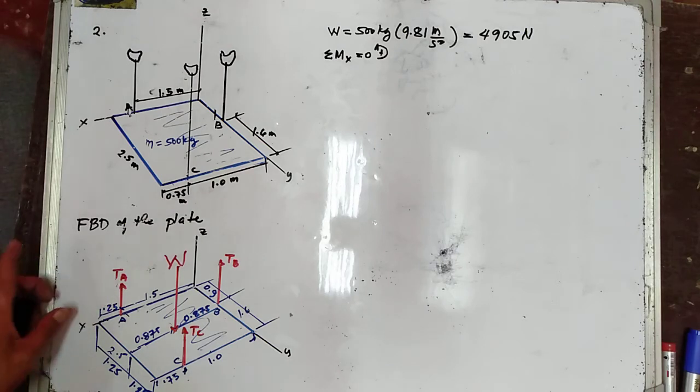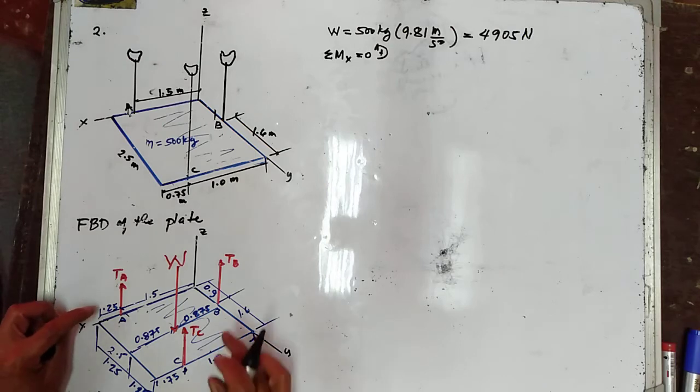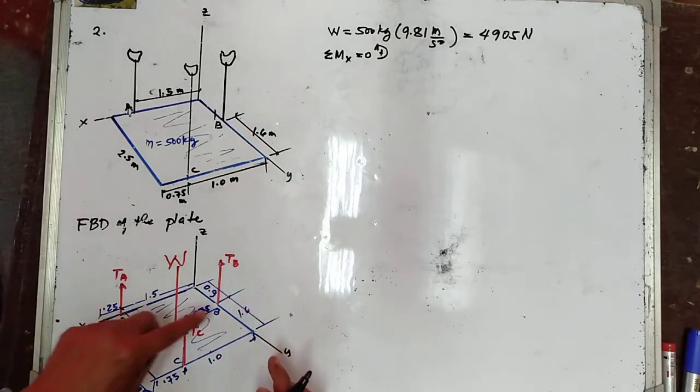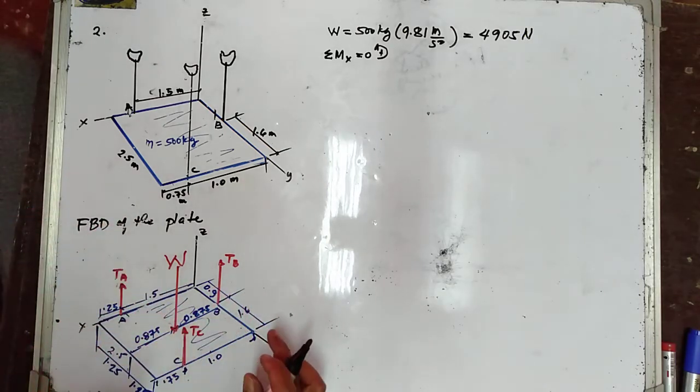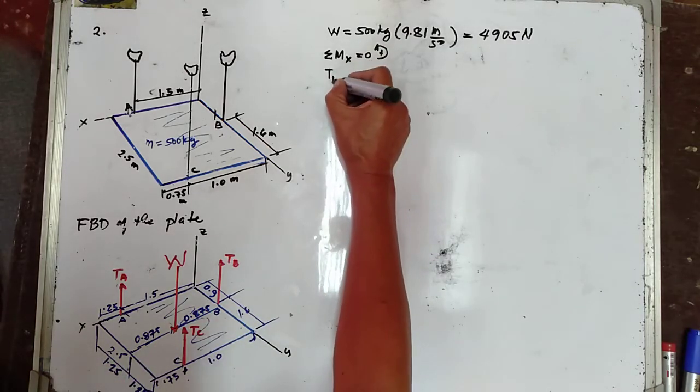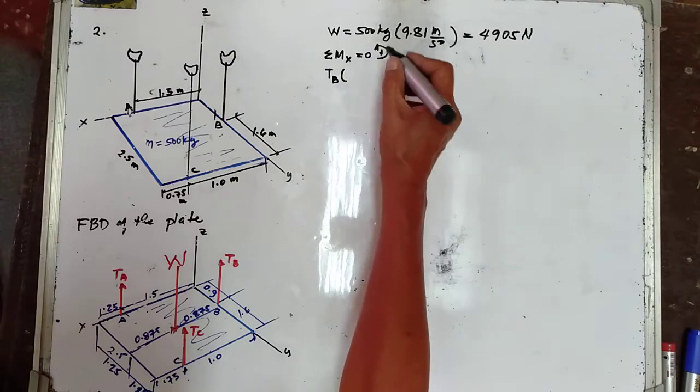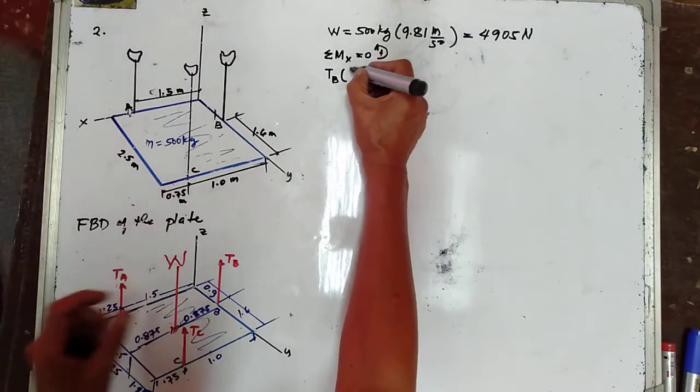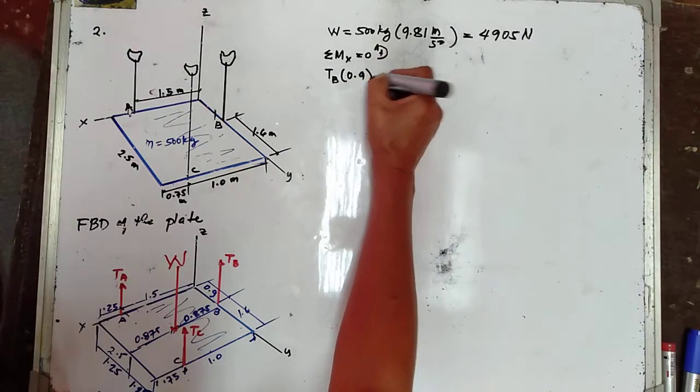TA has no moment because it intersects the x-axis. So we have your TB will have a counterclockwise moment. So that is now your TB, or tension in B, multiply this one by 0.9.